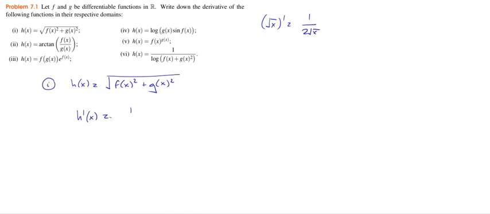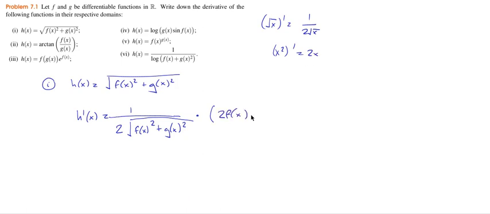So this is going to be 1 divided by 2 the square root of f(x) squared plus g(x) squared, and then times the derivative of the argument. The derivative of the argument is the derivative of the first factor, and again this is a composition, so this is 2 times f of x times the derivative of f, and the same with g, 2 times g times the derivative of g.